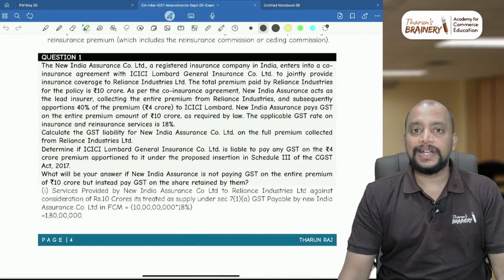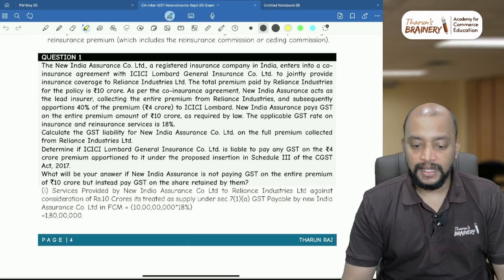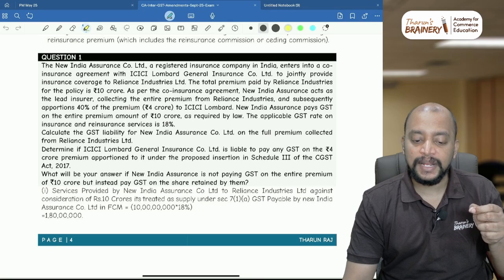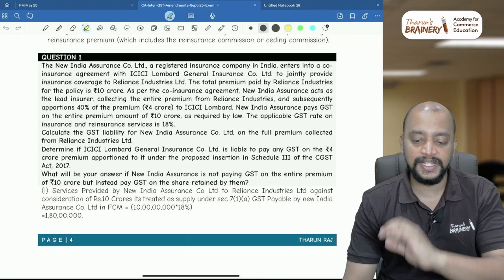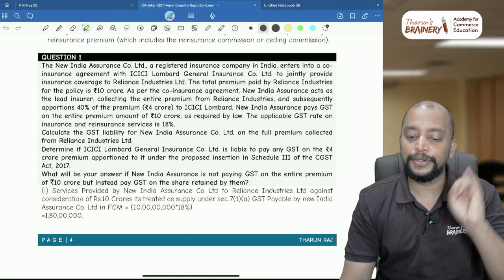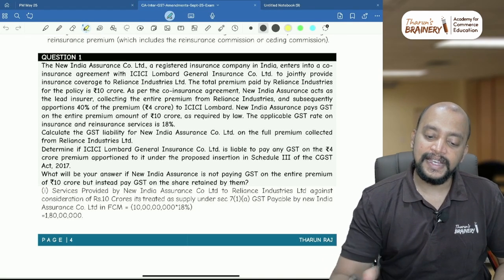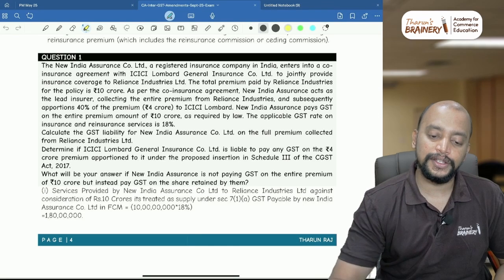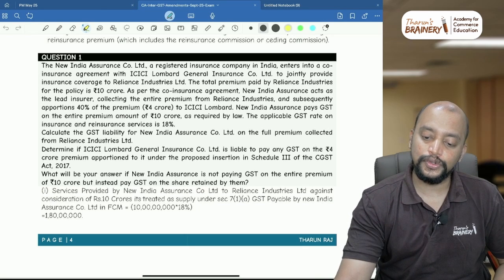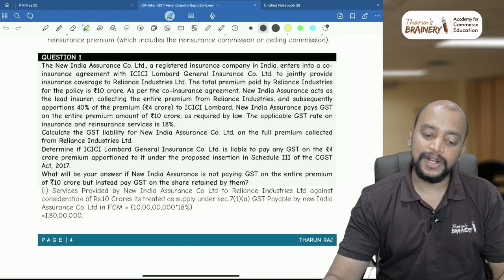So see this question related to that point. Question number 1. The New India Assurance Company Limited, a registered insurance company in India, enters into a co-insurance agreement with ICICI Lombard General Insurance Company to jointly provide insurance coverage to Reliance Industries Limited.